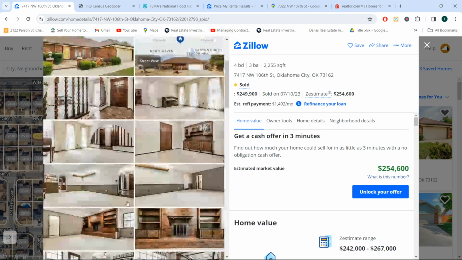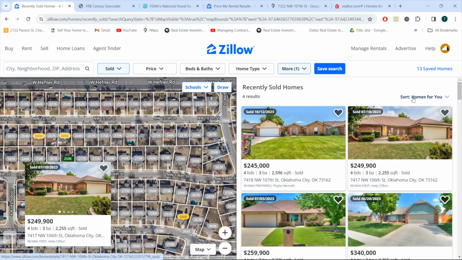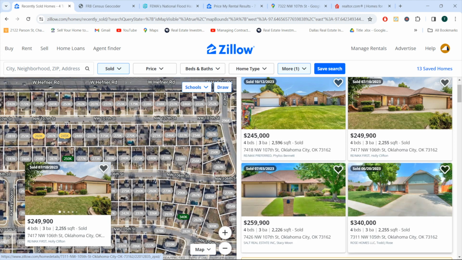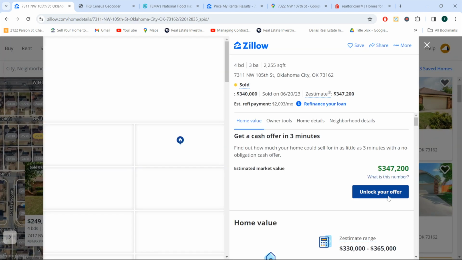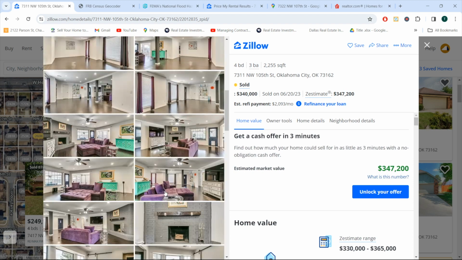And again, it's another dated house. This is just what they look like. I am going to take this property here. I could take this one as an as-is value. Let's look at this one. This is 6 months ago. Oh, this one has a pool. This is a good example of what you're not supposed to do.